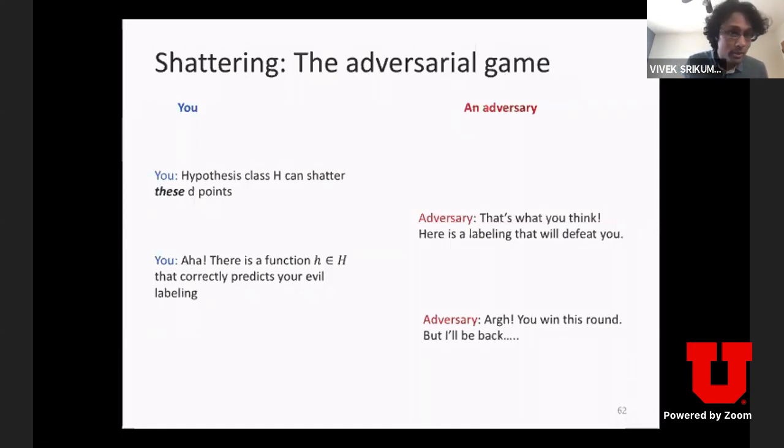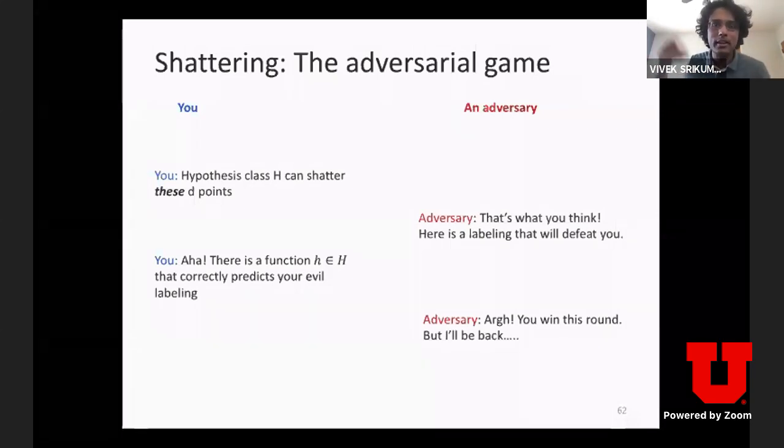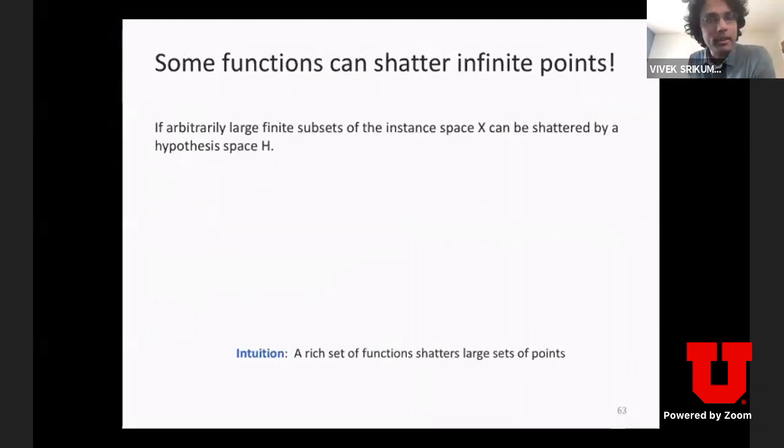Linear classifiers in two dimensions, that's important, could shatter some set of 3 points, but no set of 4 points. And of course, once 4 fails, you don't need to keep going up to 5, because that is just adding one more point. Who cares? It can be any label it wants. So what is amazing is that there are some functions that can shatter an infinitely large set.